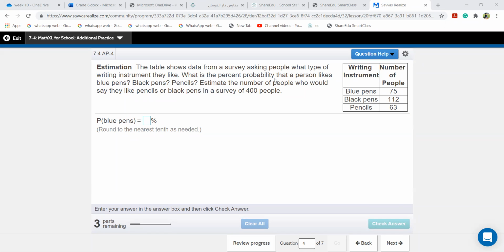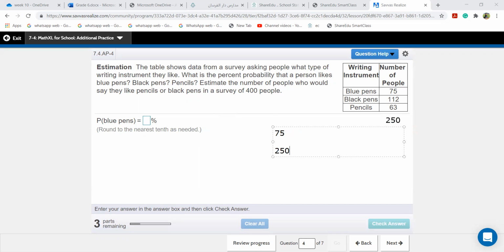Okay. See, when I add all of this, I get 250. Then I add 75, 112, and 63. So blue pens is actually 75 over 250.